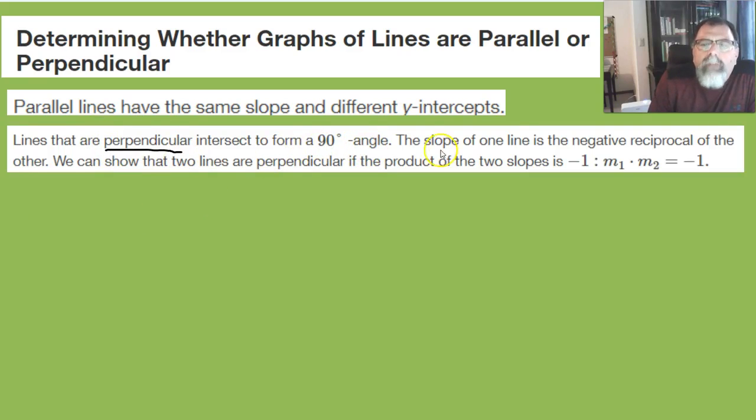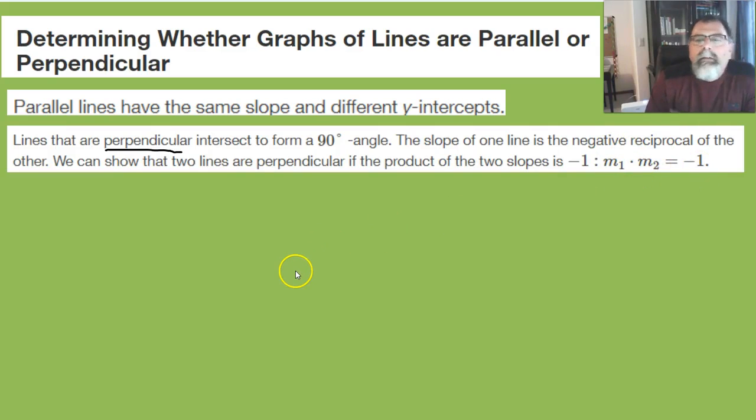The slope of one line is the negative reciprocal of the other. You can also say the product of the two slopes is -1. So if you multiply slope 1 and slope 2, you get -1.